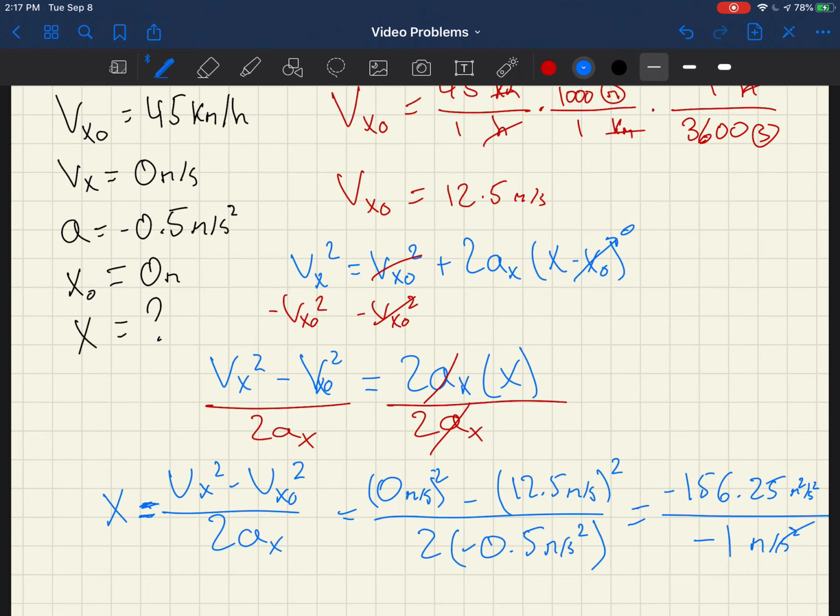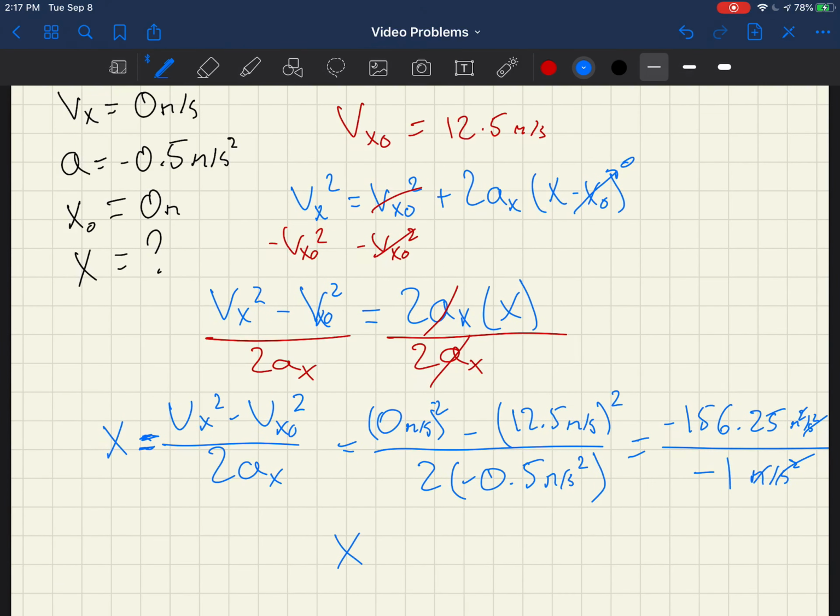All right, and you can see actually this second squared cancels with that second, that squared cancels with that m, and we're left with just meters, which makes sense because distance is, the negatives also cancel out here, so those cancel out to be positive 156.25 meters.